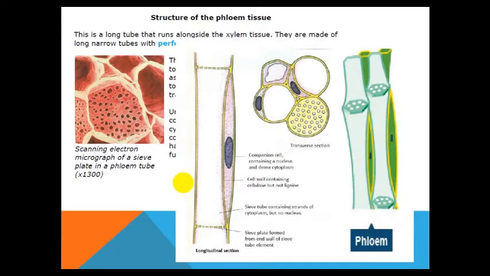So this is the longitudinal section with the companion cell. These show the phloem tissue that runs along inside the plant, the longitudinal version and the transverse version.